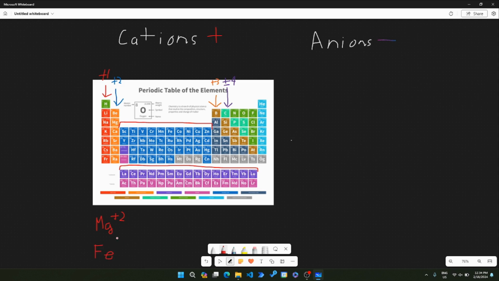It can form Fe +2 and Fe +3. Now, if the element only forms one ion, the name of the ion, if it's a cation, is the same as the name of the element. So this is just a magnesium ion, or magnesium.